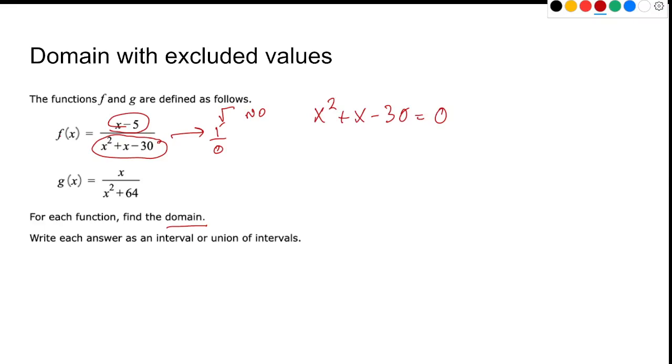So again, looking back, we've solved some of these before. The quadratics, we can solve this one by factoring.